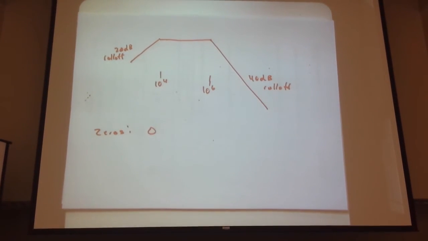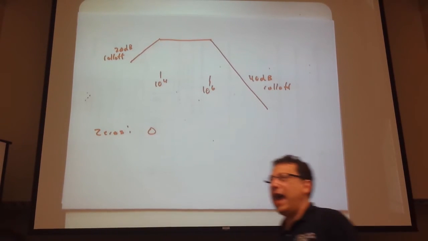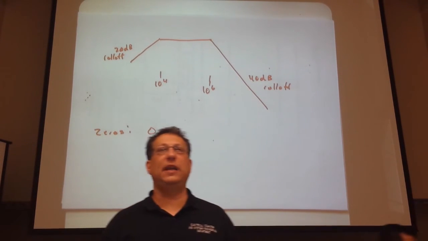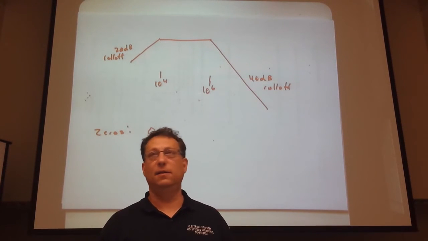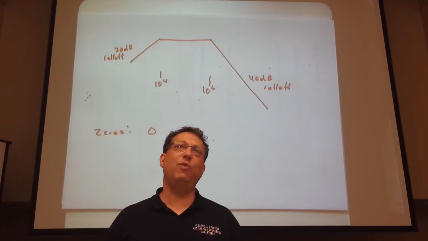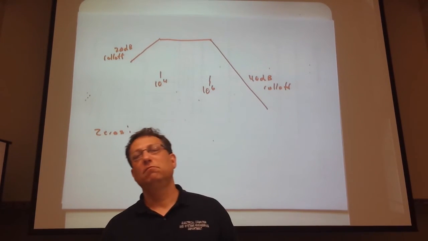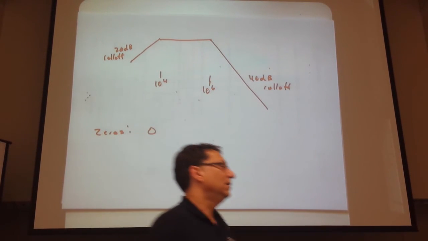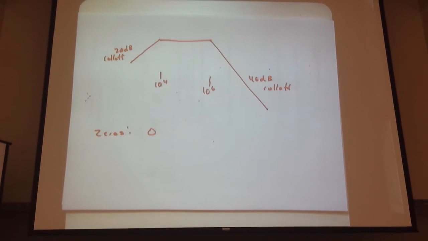That's our starting slope. As an aside, if we had a minus 20 dB per decade slope, what would that mean? You have a pole at 0. Can we build something like that? Not really. With active components you can, but not with just passive components.